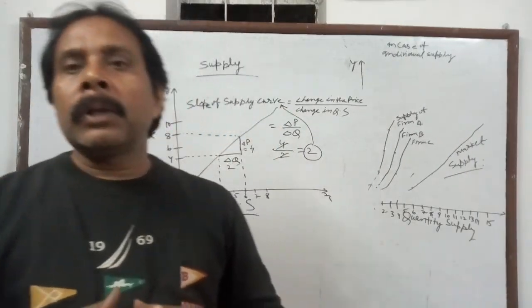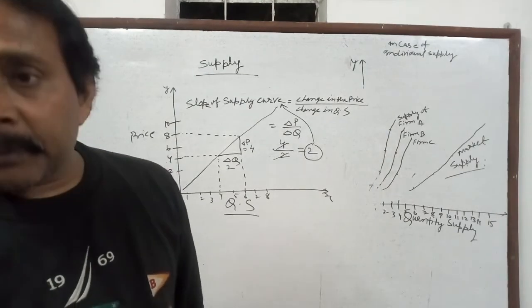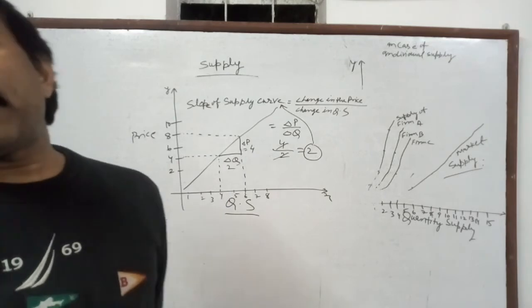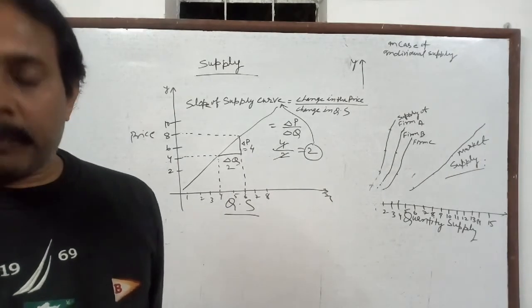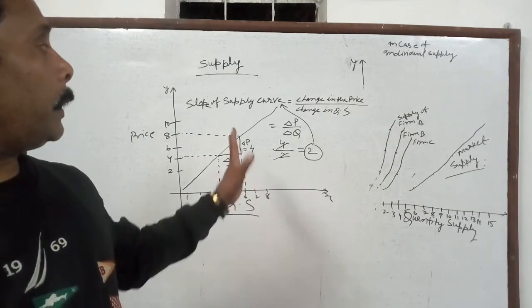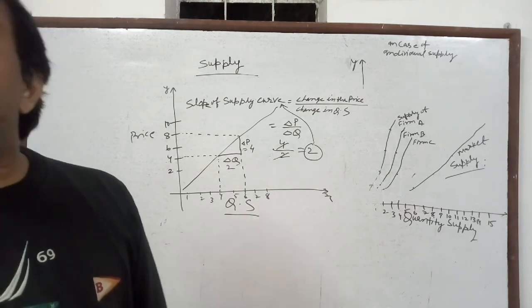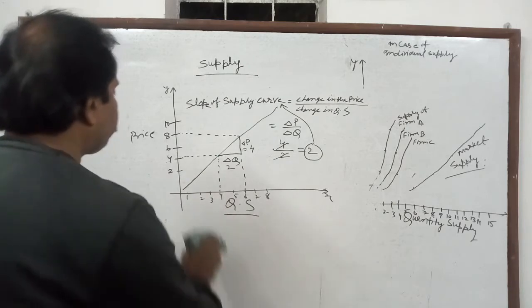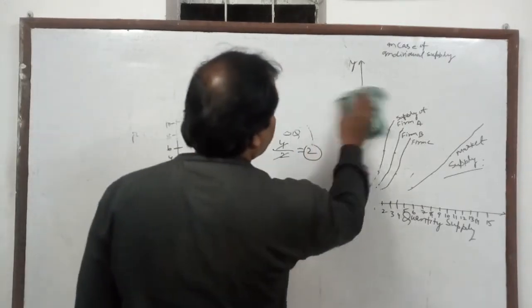Is it clear? So the supply curve is rising when the price increases. I hope you are able to understand in a better way. Now come to the law of supply. What is the law of supply?